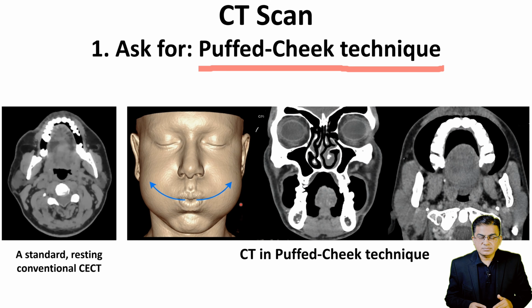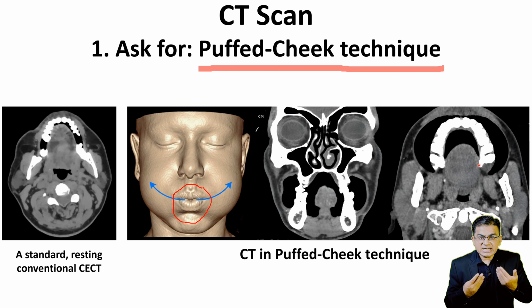How to do it? We ask the patient to close their lips tightly and blow air into their cheeks without leaking air from the mouth, just like how we blow up a balloon. Why do we need to do this funny maneuver?